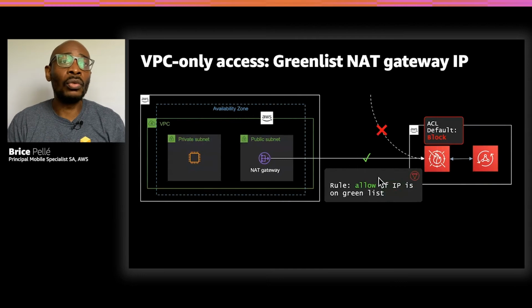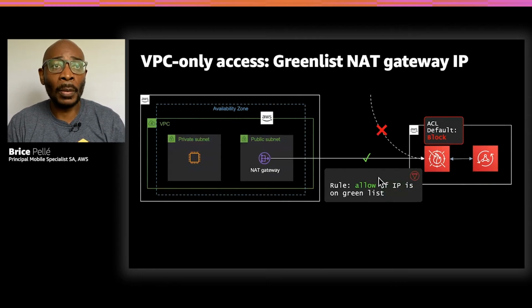Another thing that you can do is allowlist access to your VPC. So you may have a situation where you have a VPC and you have an AppSync API. Now, you only want resources from your VPC, maybe your EC2 instances. You only want those EC2 instances or requests that are originating from inside your VPC to have access to your API.